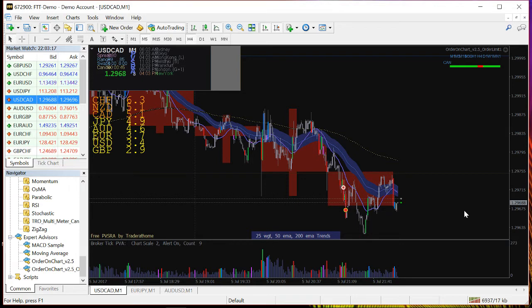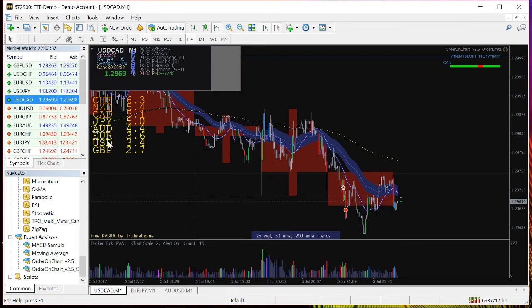So first of all, the reason why I picked this pair, the USD CAD, the dollar CAD pair, as you can see here. When I picked this pair, the Canadian dollar was not here, it was a little bit upper, okay?